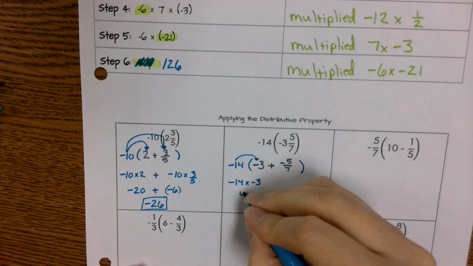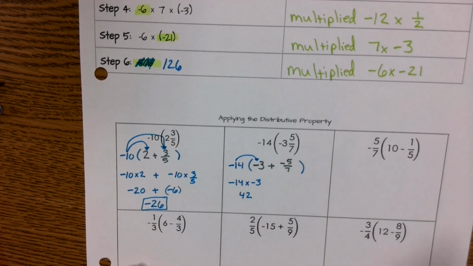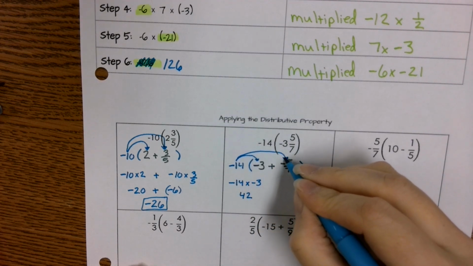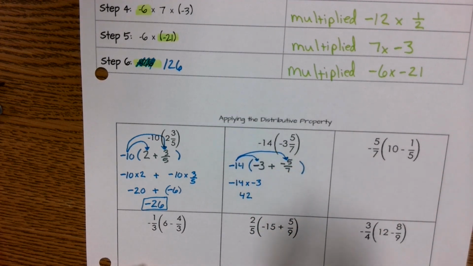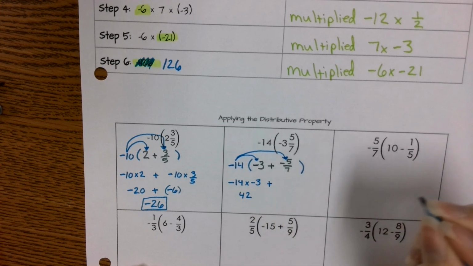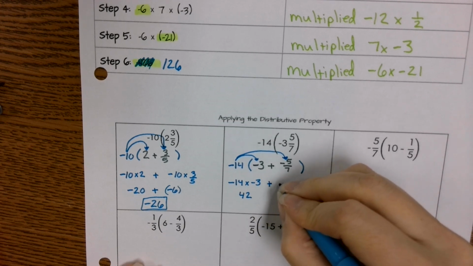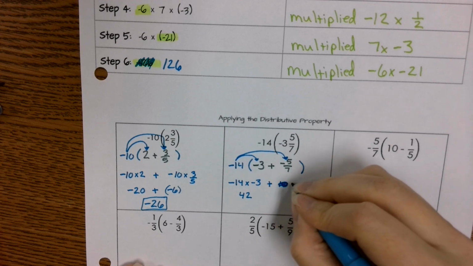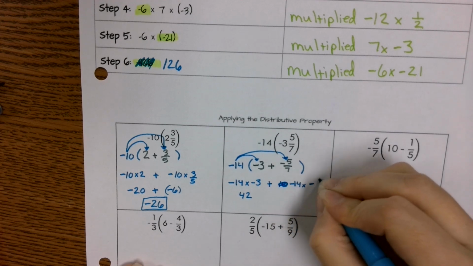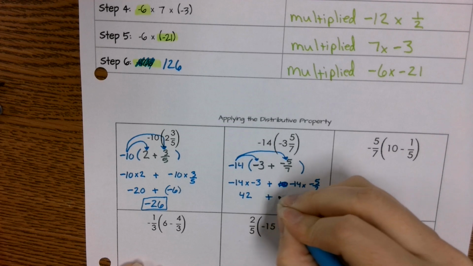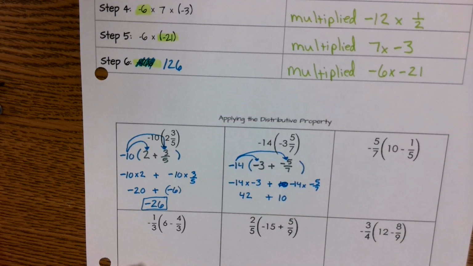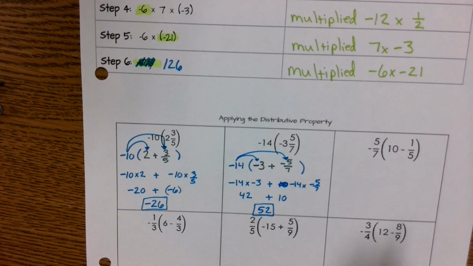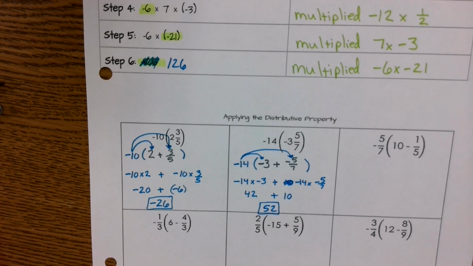So we're going to get a positive 42. Then we're going to do negative 14 times negative 5/7. That's going to come out to a positive 10. And then we can add those together, and that's going to give us 52. I want you guys to do the rest of them on your own.